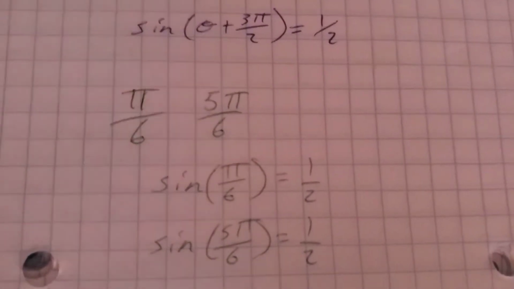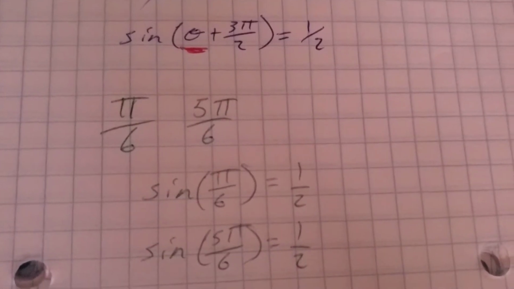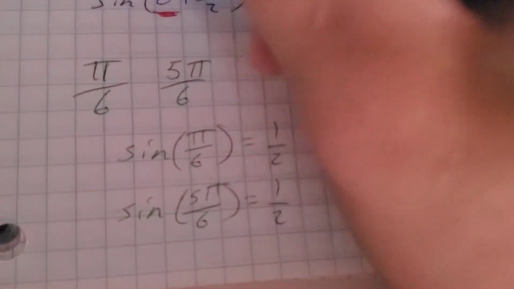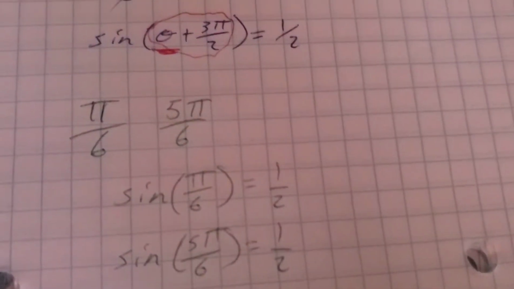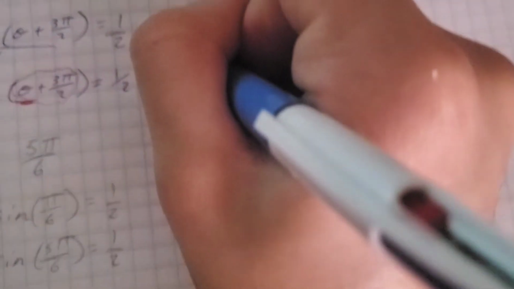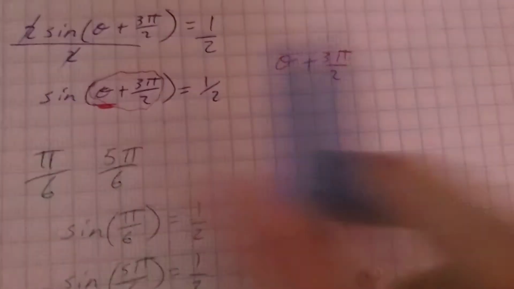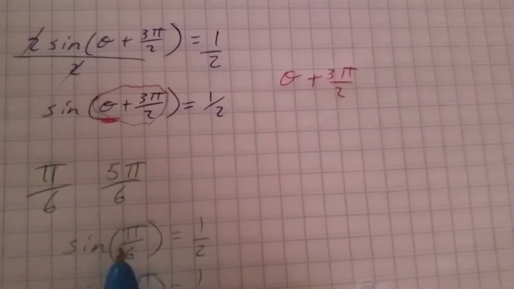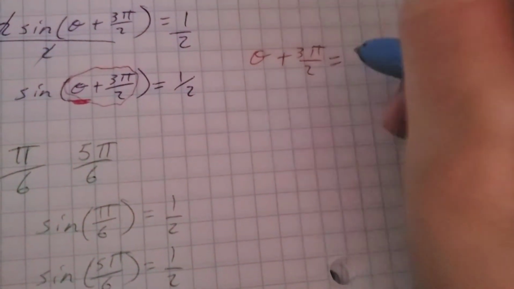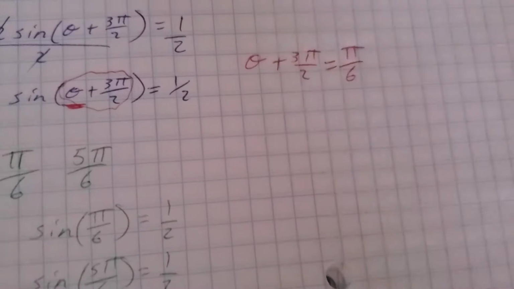We want to find the specific value for theta. So we have to take this whole thing that's inside of the parentheses, let me write it on the side, theta plus 3 pi over 2. So this thing has to be pi over 6.